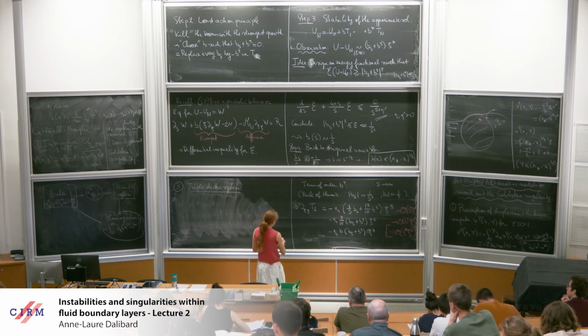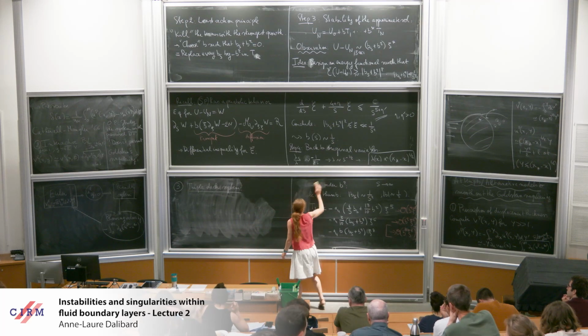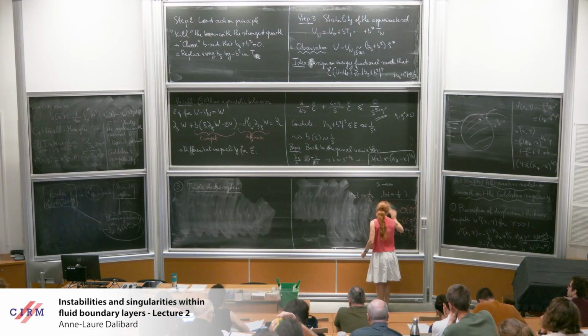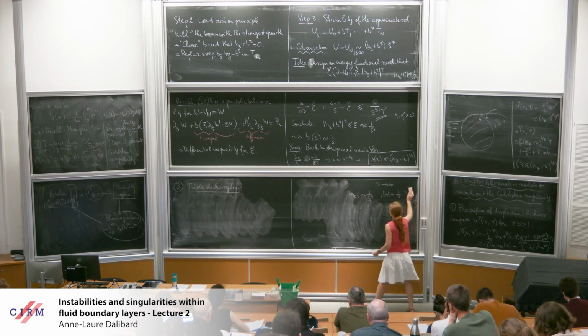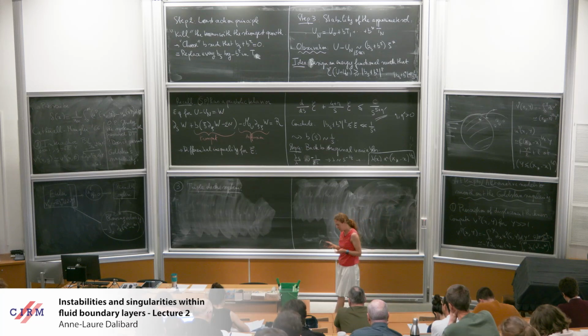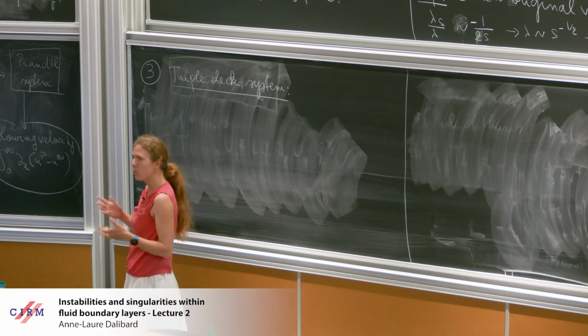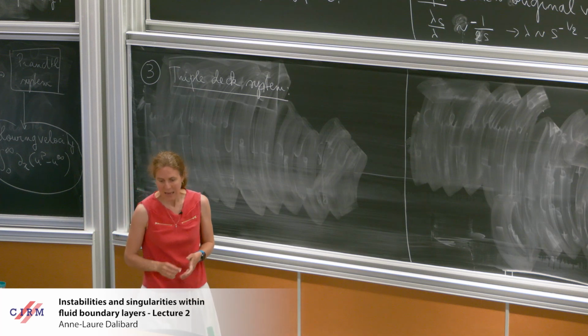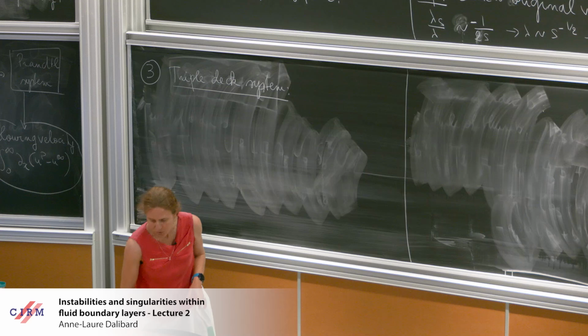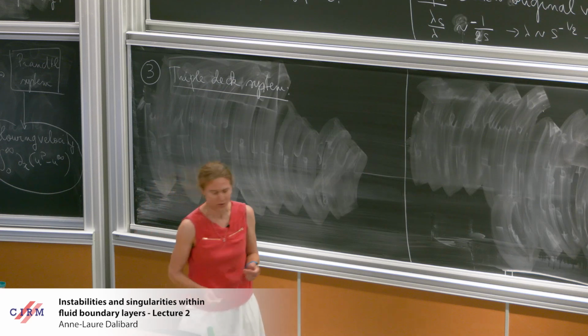Maybe I can announce straight away that I'm a bit frustrated with this system, because if I understand correctly, the system was actually derived in order to smooth out the Goldstein singularity. And I don't understand in the way that it's written how it's supposed to do that. So that's the source of my frustration.